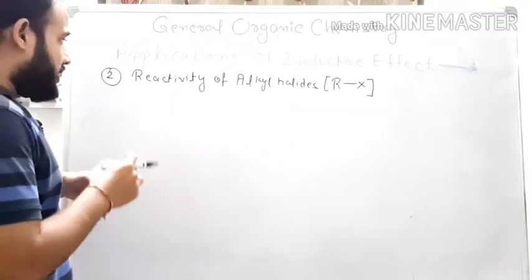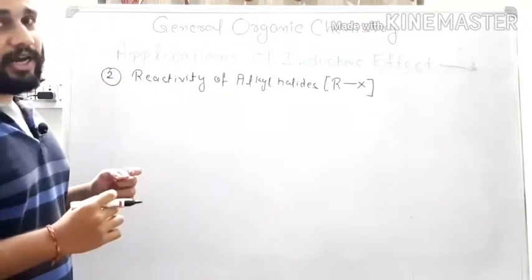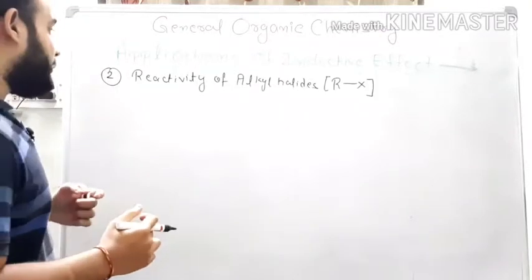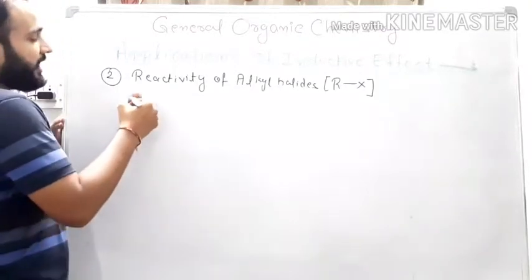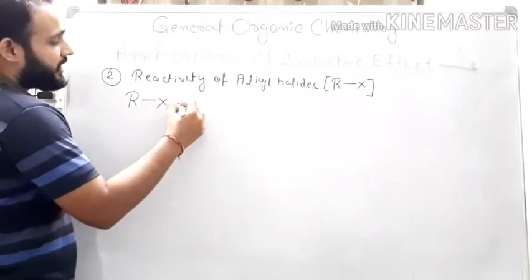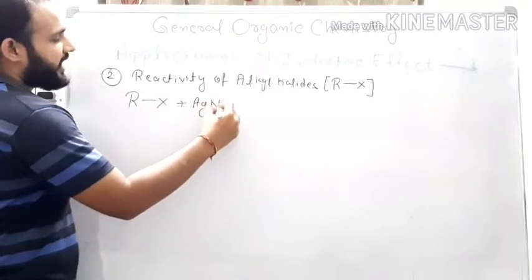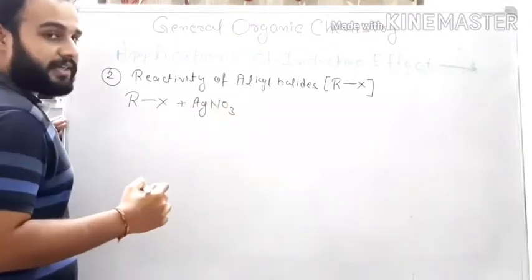Now friends, what is the reaction for the study of reactivity of alkyl halides? We know a very well known reaction that an alkyl halide can react with silver nitrate. This is called the silver nitrate test.